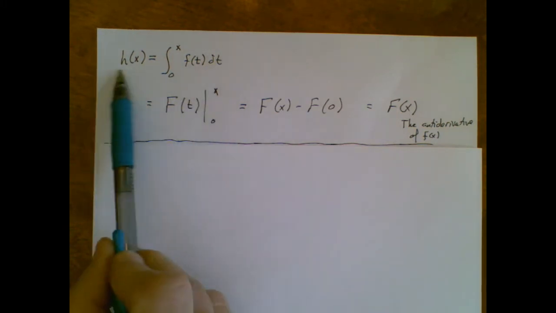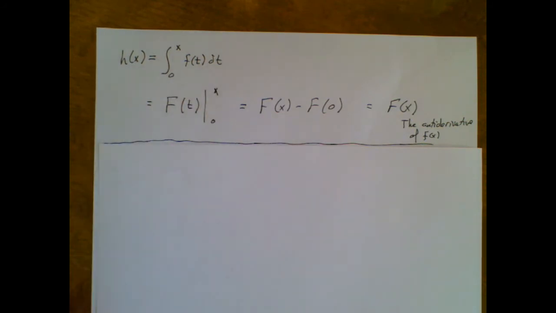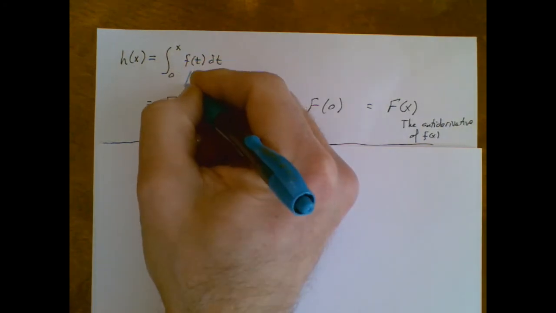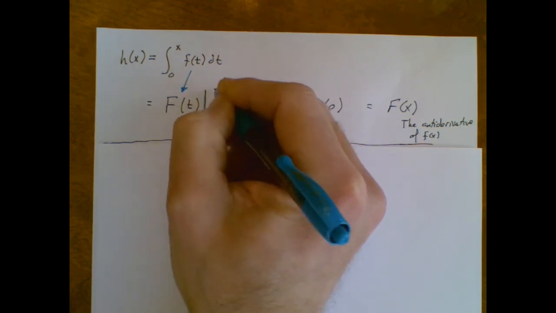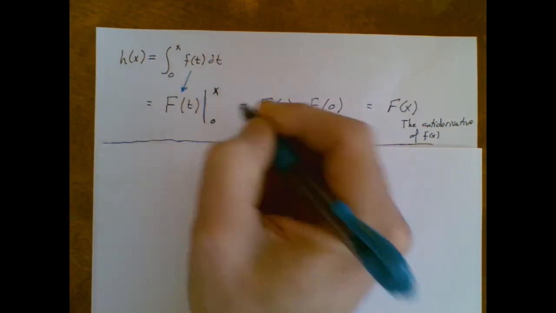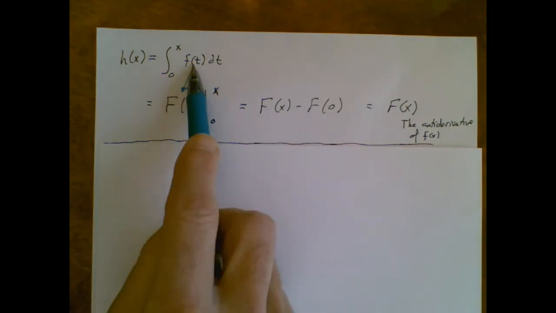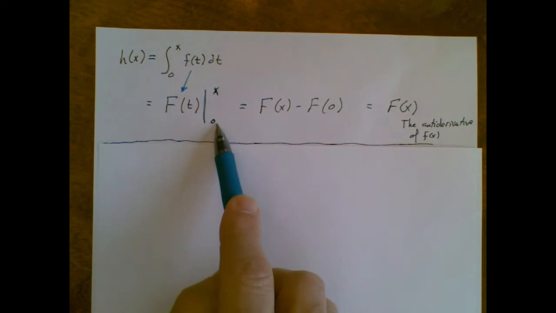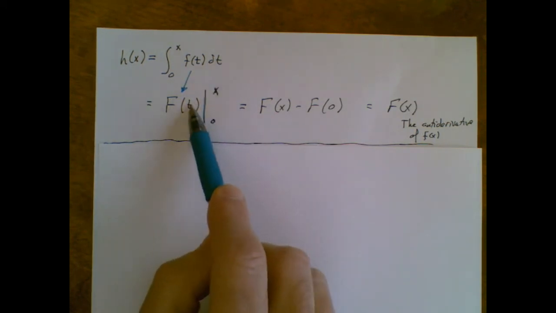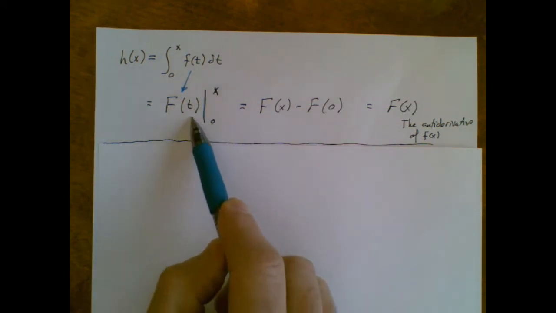So this is what they told us h of x was, and because of your great calculus upbringing, anytime you see an integral, you consider the knee-jerk reaction of write the antiderivative and then install the limits of integration. Well, the antiderivative of f of t is capital F of t. My limits of integration go here. Now I'm going to plug in the x, and I'm going to subtract, plug in the 0.